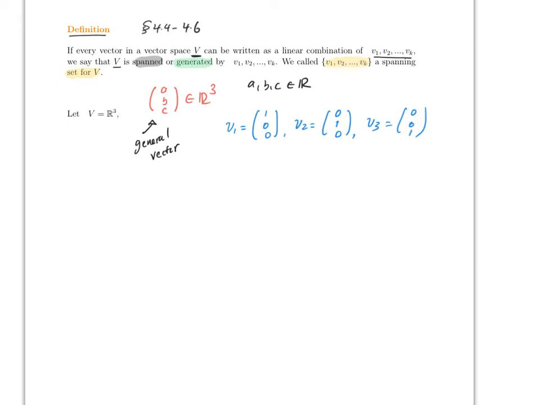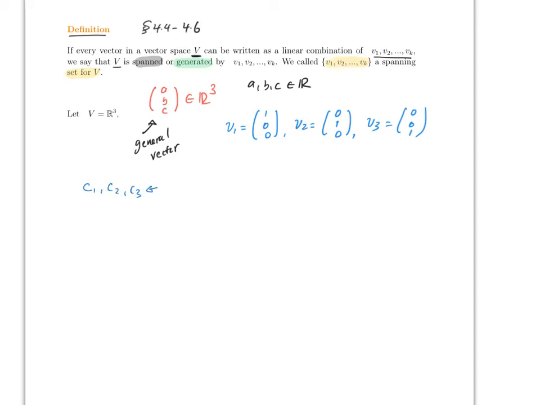Now, the question here is whether these 3 vectors span or generate B. In other words, are these 3 vectors enough to produce any vector in 3 dimensions, or to produce a vector like this in general? So let's say we have constants C1, C2, and C3.